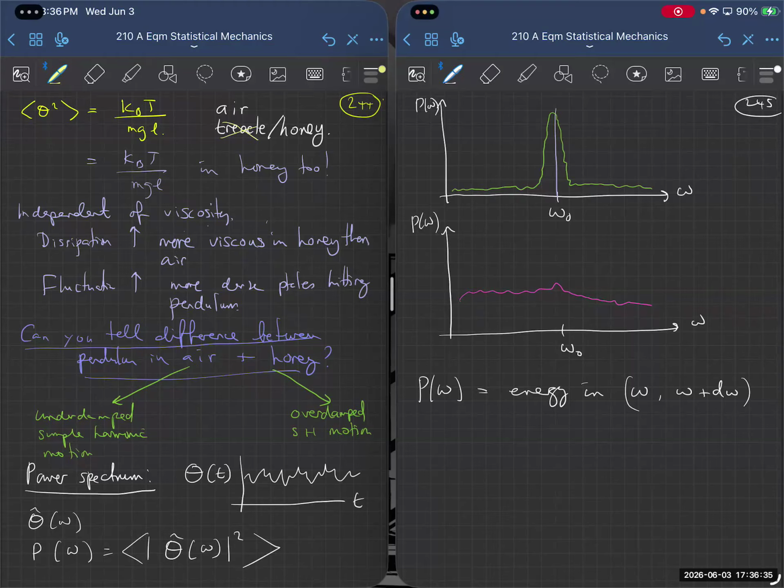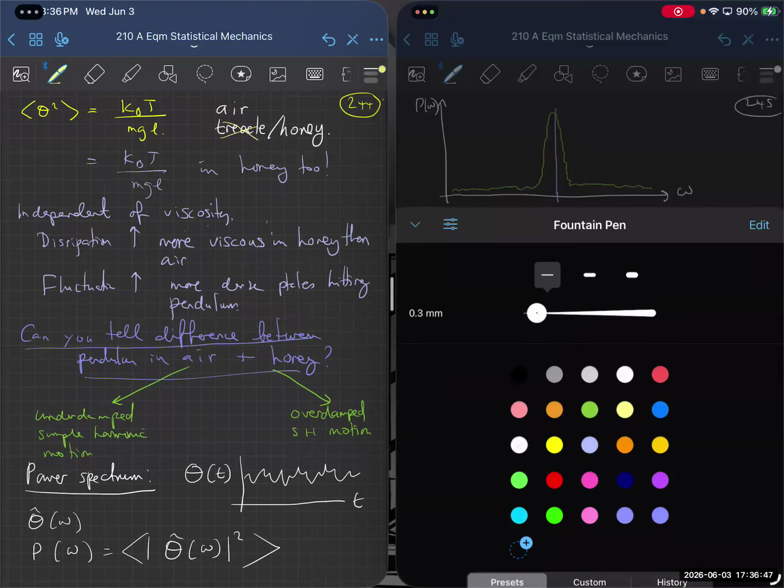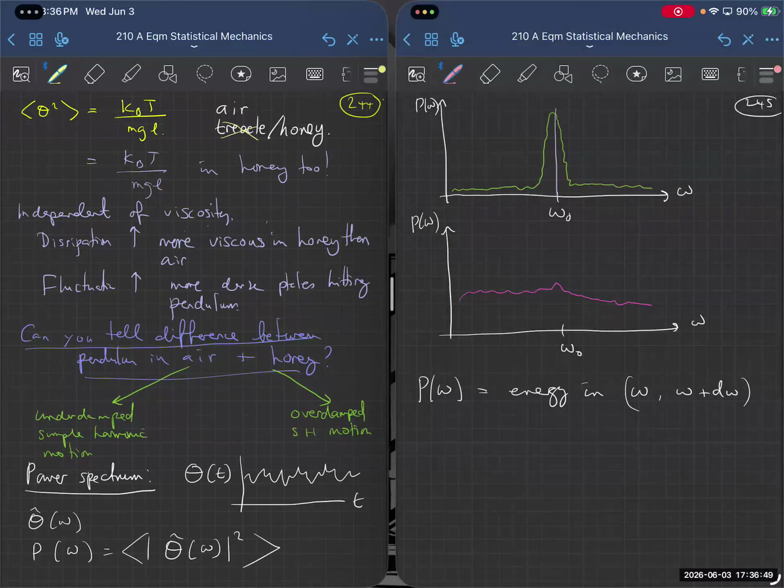And so anyway, this is a property of equilibrium, and I'm not in the notes. There's a whole chapter on the connections to this. So this is a critical, important property of equilibrium.